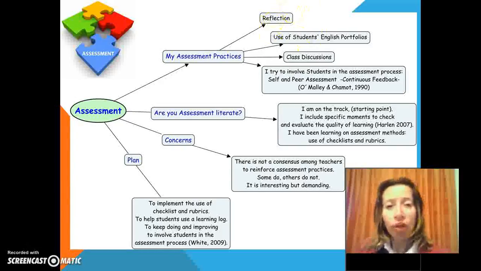They have learned how to give their opinions with respect and also how to listen to their partners with respect, and it has been quite interesting, the process.